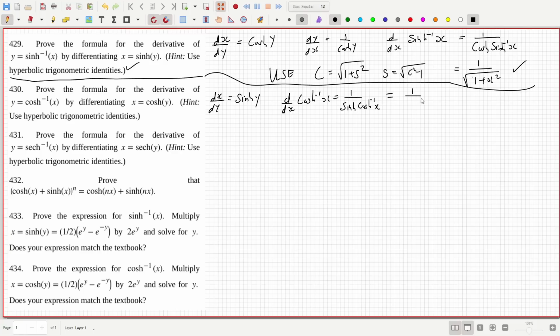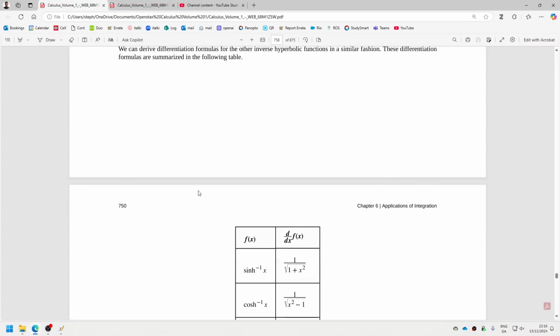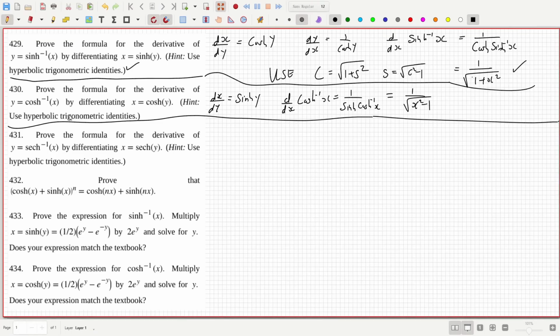So that'd be 1 over root x squared minus 1. Is that the right formula? Derivative of cosh inverse. Yes, it is. Okay.